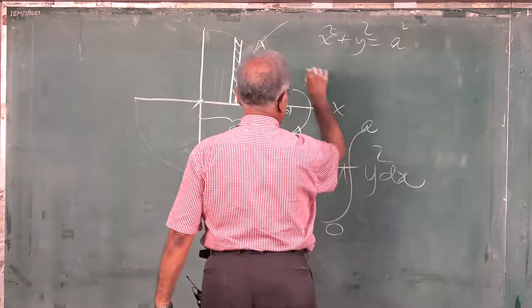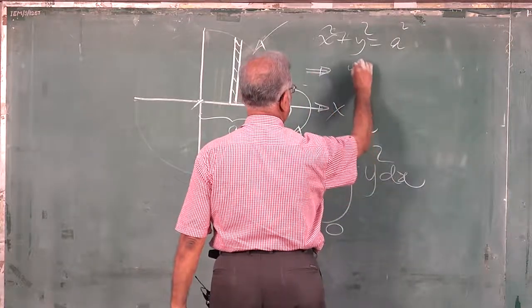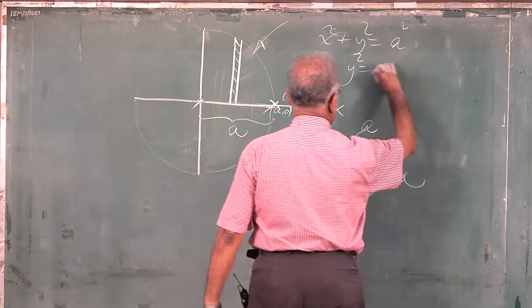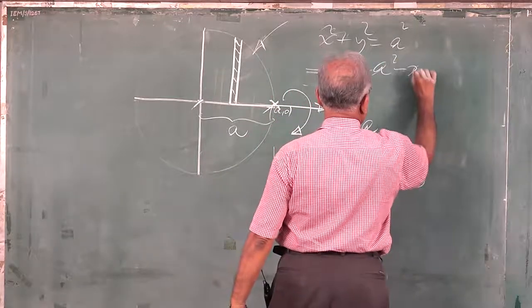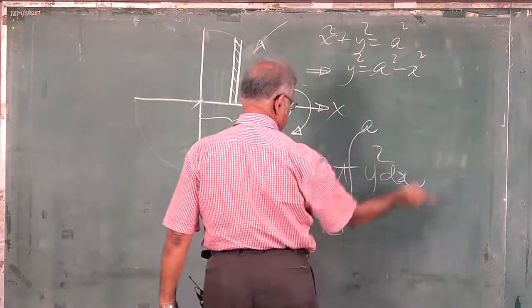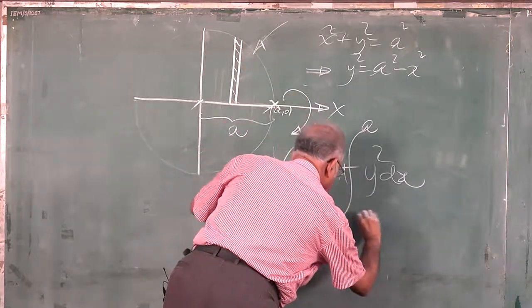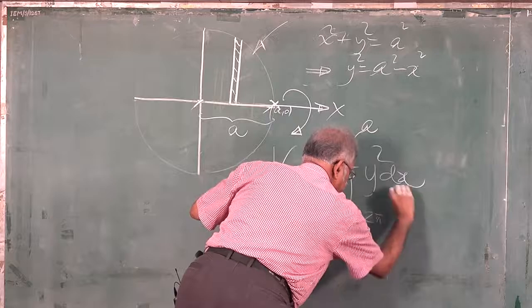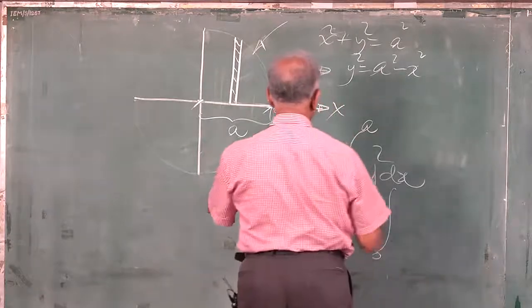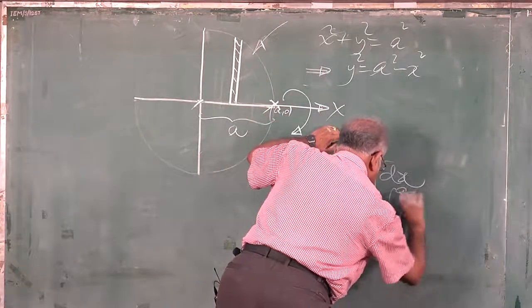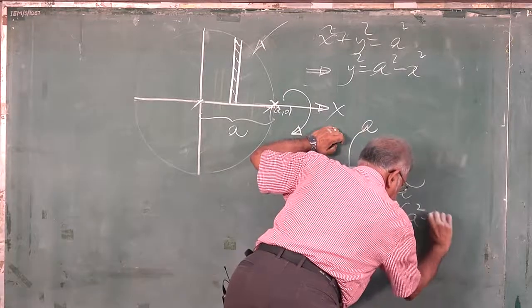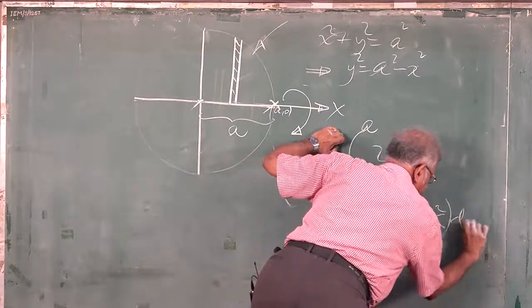So in other words, this implies that, my friend, y square is a square minus x square. So we substitute that here and write this is equal to 2 pi integral 0 to a (a square minus x square) dx.